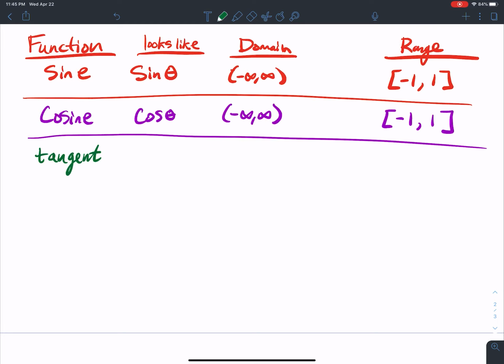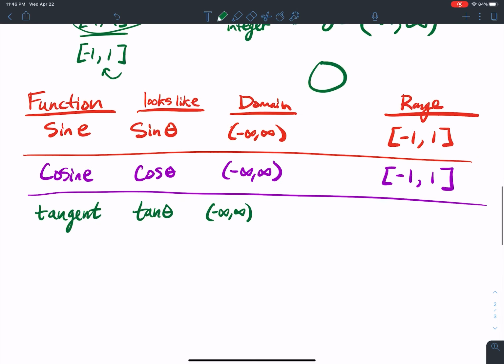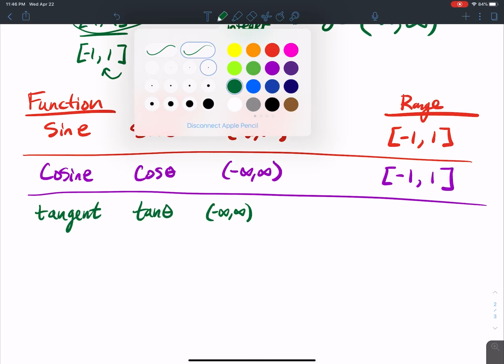The tangent is the tan of theta. Now the tan of theta, the domain is all real numbers, except we got to throw out some bad values. Everywhere where the denominator is equal to 0, the denominator is the cosine theta, and cosine theta in a unit circle is 0 in 2 different places. But since we keep rotating around the circles infinitely many times, you can have infinitely many possible undefined areas.